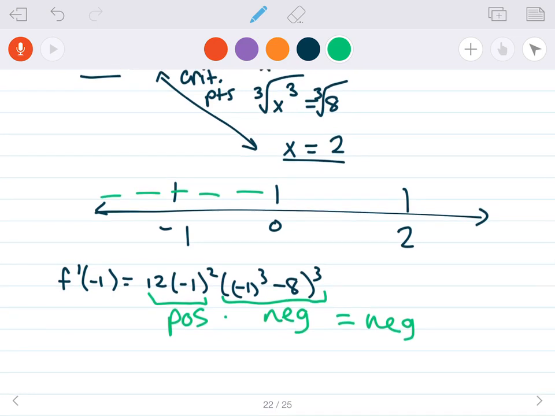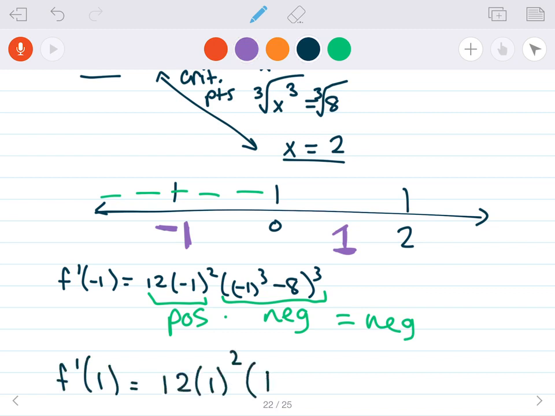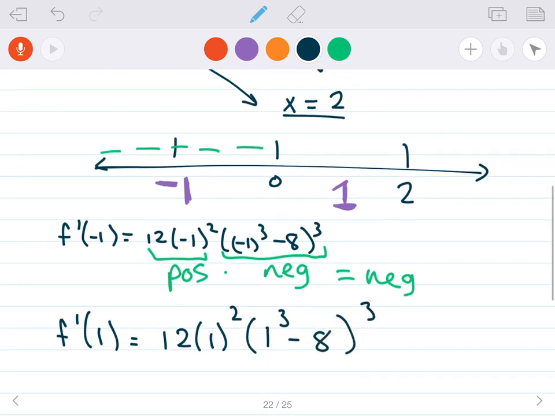Now, going to the right of 0, how about we choose 1? Maybe I should have done these test points in purple, because these aren't the critical points, these are just the test points. So f prime of 1, let's see what that gives us. This is positive.